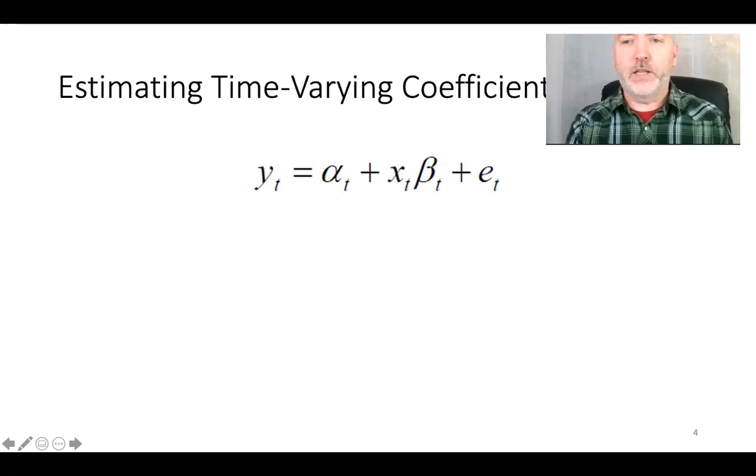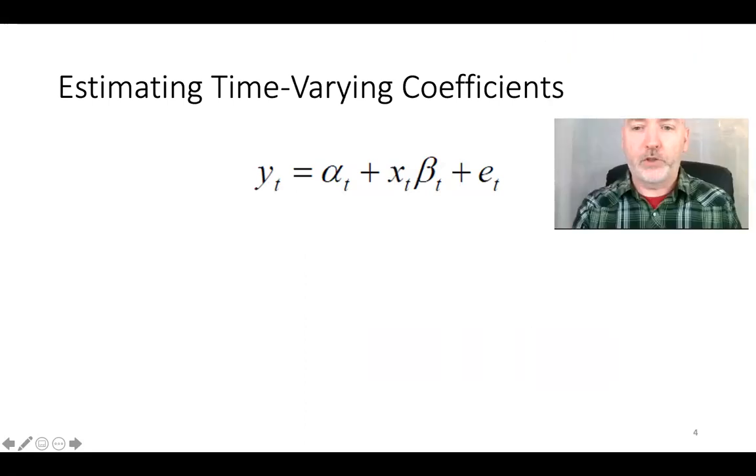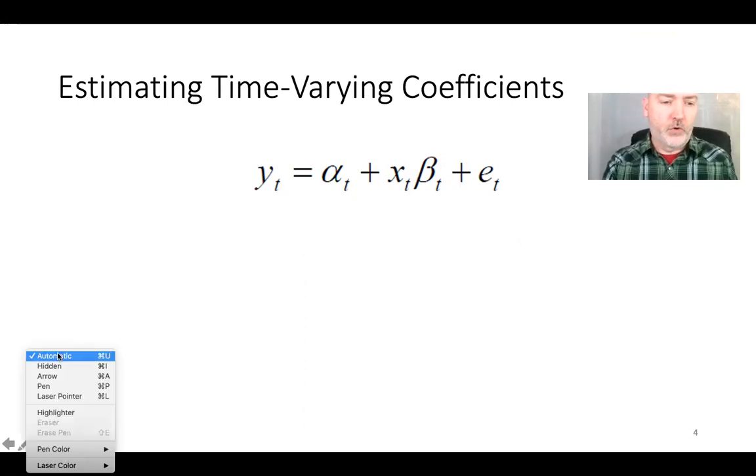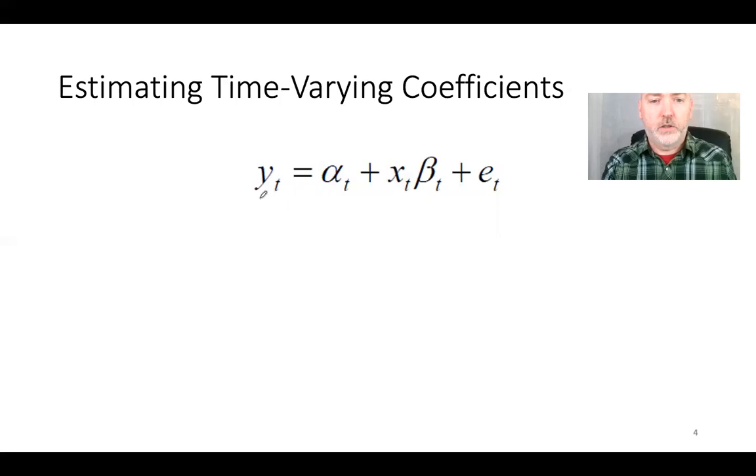So here is the scenario that we are imagining. We have a simple regression, y as a function of x, where we have time series data. Note, of course, we have our y sub t, x sub t, but we also have the intercept and the slope with a time subscript as well.